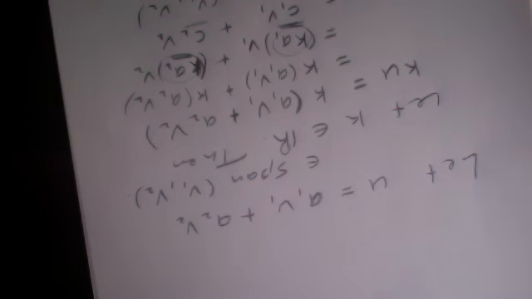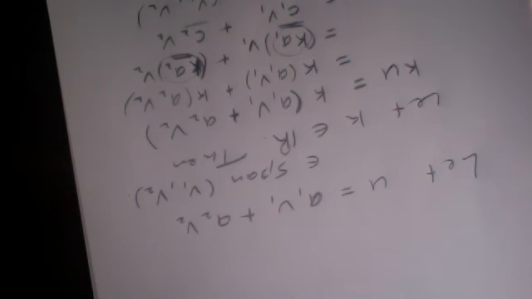So in summary, we showed that 0 belongs to the span. If you take two vectors in the span and you add them, that vector again belongs to the span. And if you take a scalar multiple of a vector in the span, that scalar multiple of that vector also belongs to the span, all right?